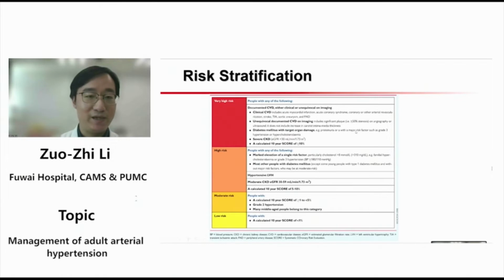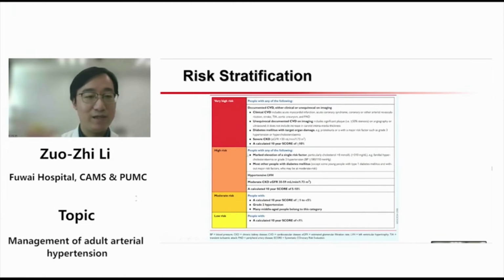Also, if the patient has diabetes with target organ damage, such as grade 3 hypertension or CKD, severe CKD, that is eGFR below 30, then the patient also belongs to this category.